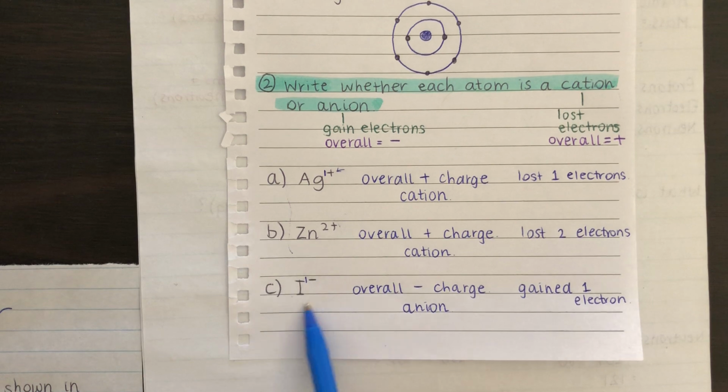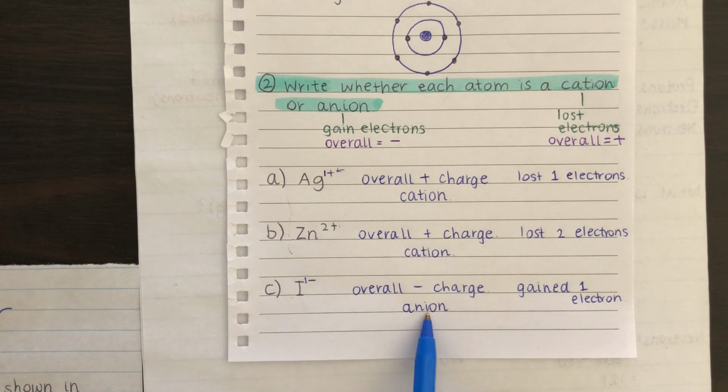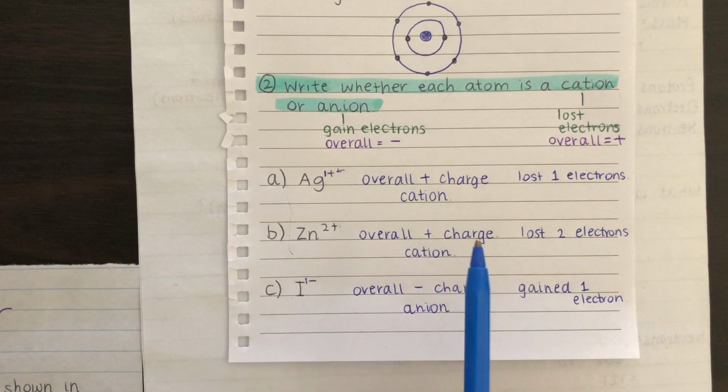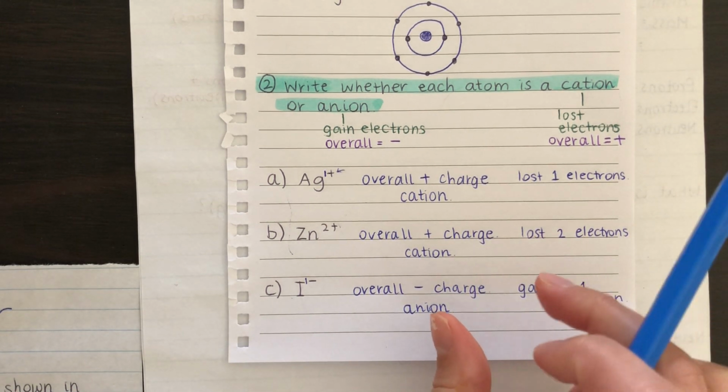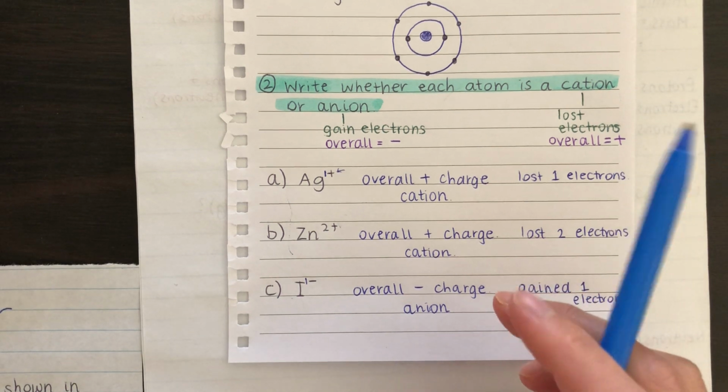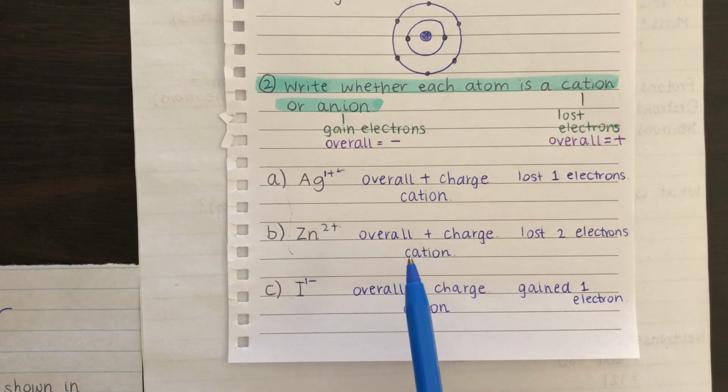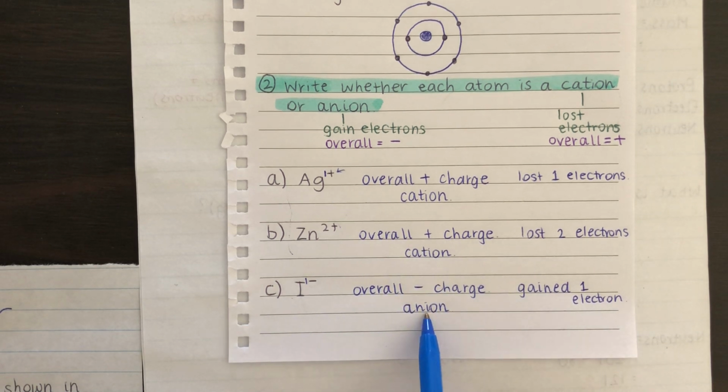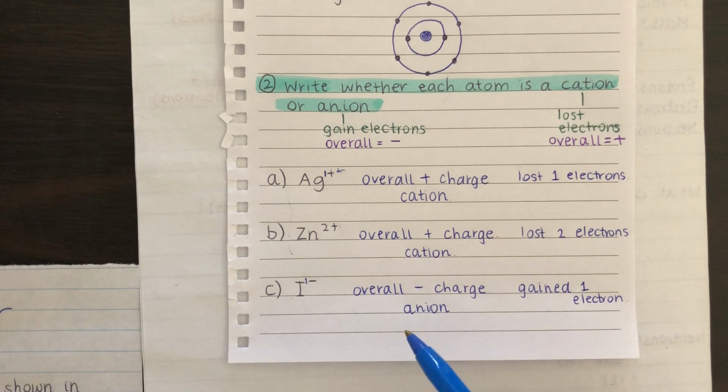So I also forgot to say that here with iodine, which was an anion, anions actually change the last bit of their element's name. So yes, you'll find that in the periodic table it's called iodine, but because it's an anion and it has gained electrons, we actually now call the anion iodide.